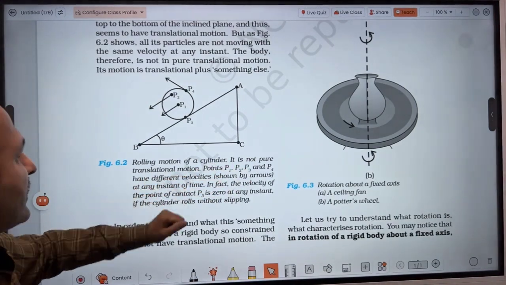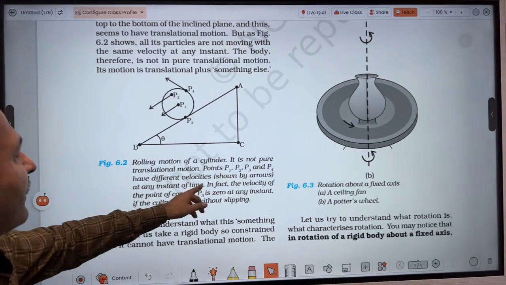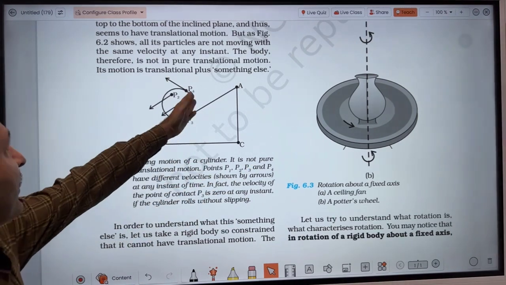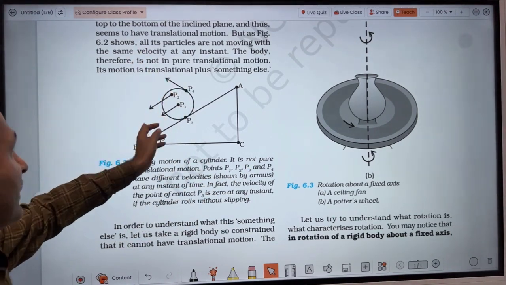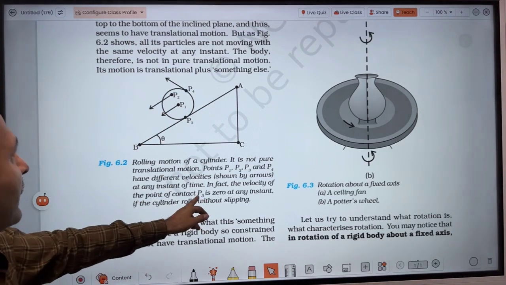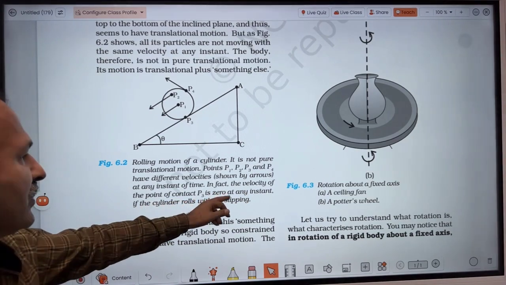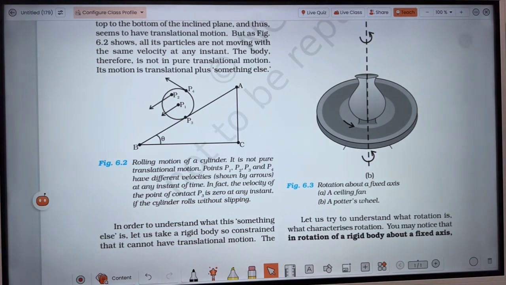It is not pure translational motion. Points P1, P2, P3 and P4 have different velocities shown by arrows. Its velocity is in this direction, it is in this direction. Here it is in contact, so its velocity will be 0. In fact, the velocity of the point of contact P3 is 0 at any instant if the cylinder rolls without slipping.